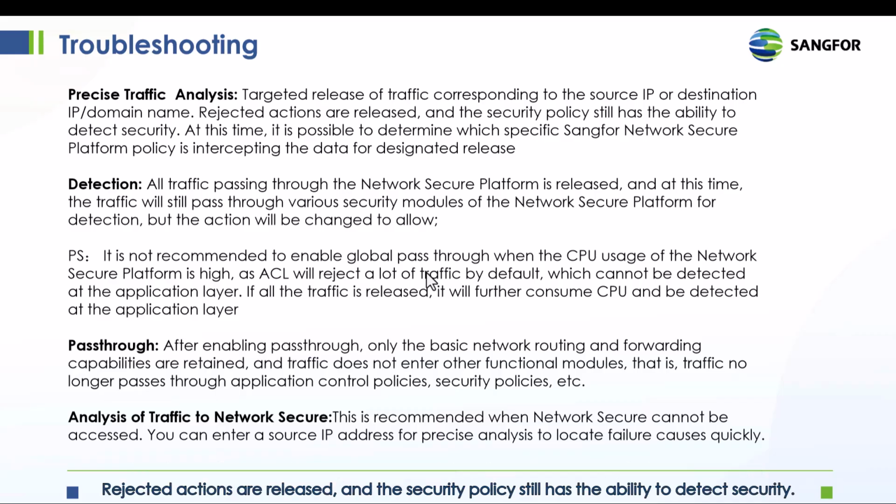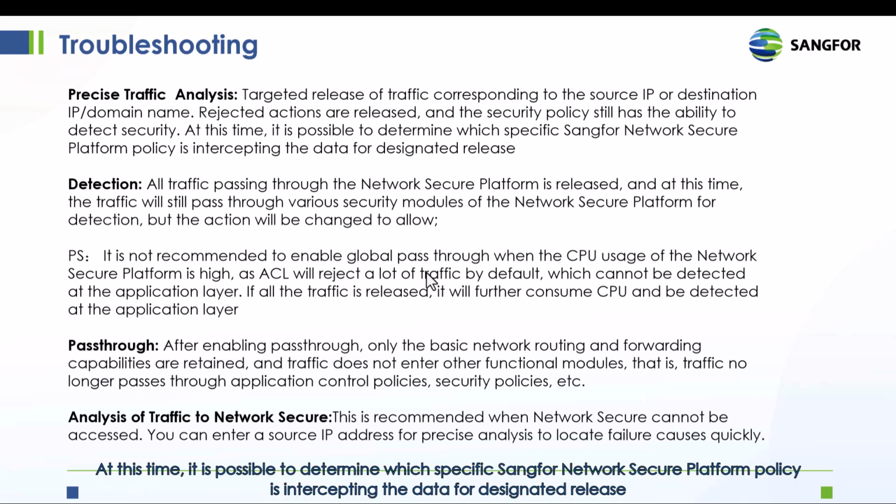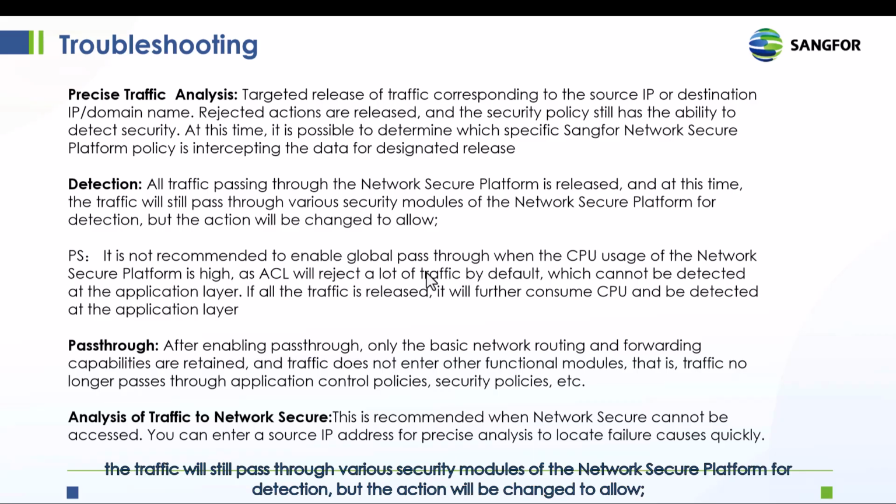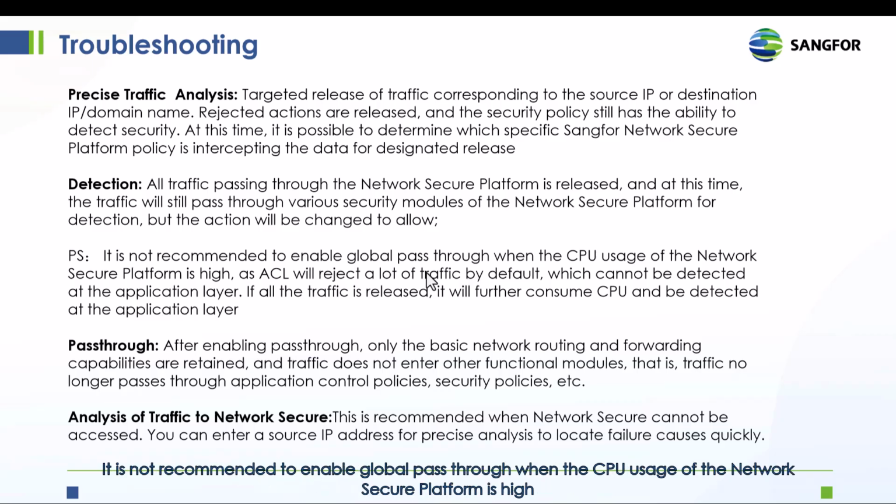Rejected actions are released, and the security policy still has the ability to detect security. At this time, it is possible to determine which specific SANGFOR Network Secure Platform policy is intercepting the data for designated release. Detection: all traffic passing through the Network Secure Platform is released, and at this time, the traffic will still pass through various security modules of the Network Secure Platform for detection, but the action will be changed to allow.